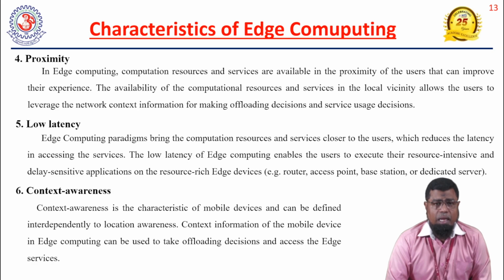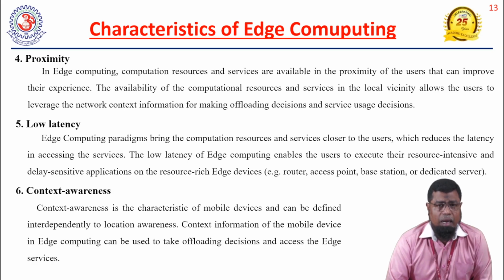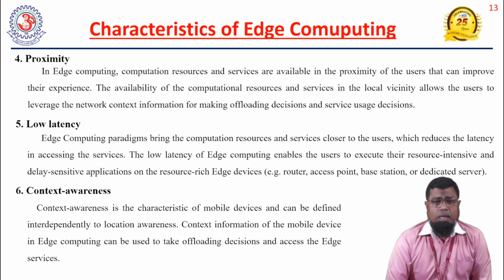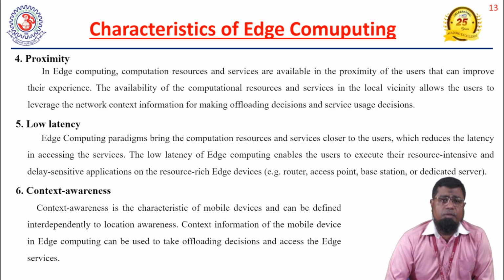Then big data analytics can be performed rapidly with better accuracy. The edge systems can realize the data in real time, on a large scale. So these are the minimum characteristics of edge computing.